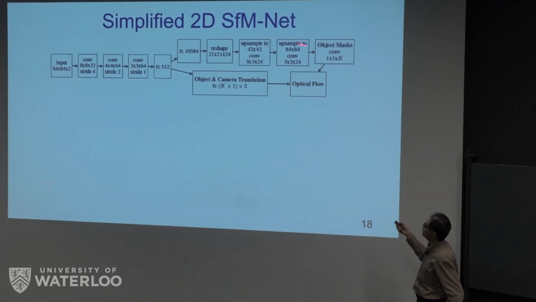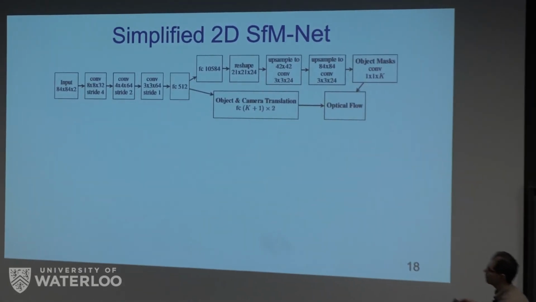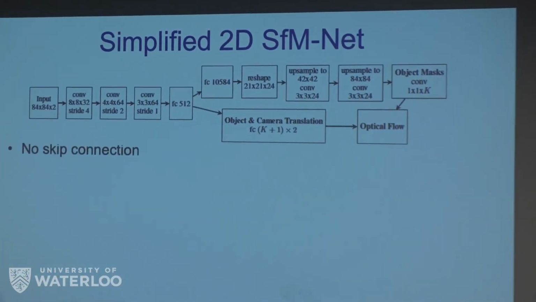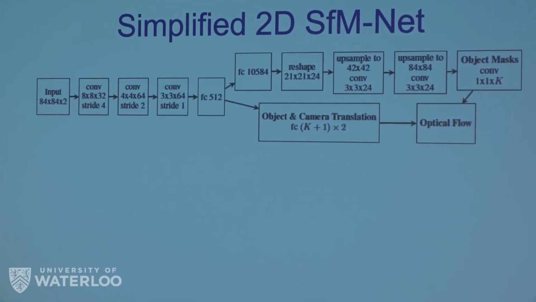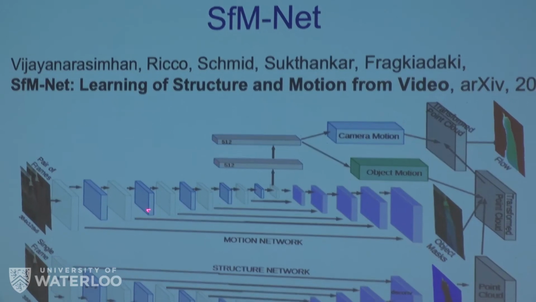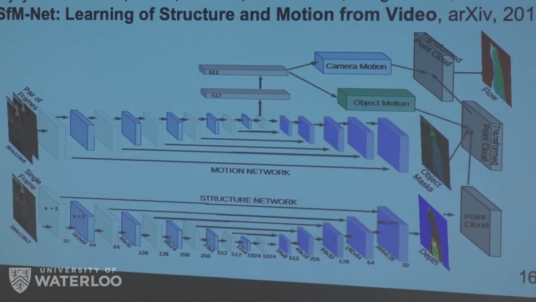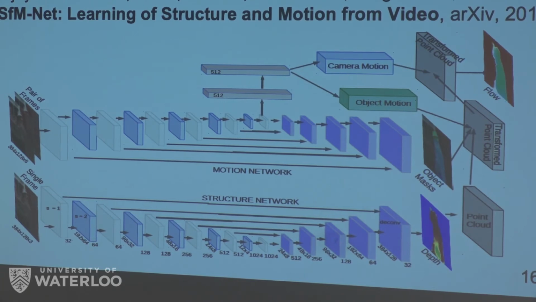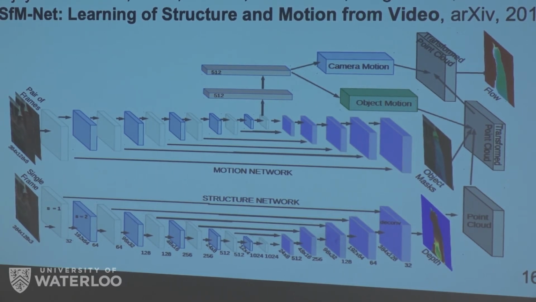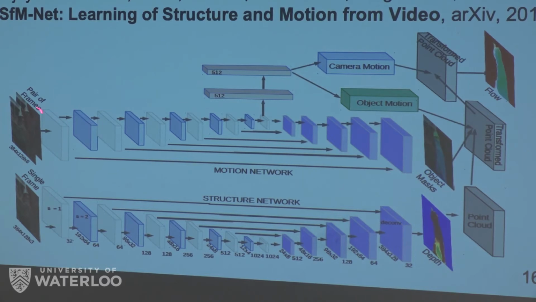Otherwise, the network is very similar, but we did do some additional modifications. First, we removed all of the skip connections. This network has a bunch of skip connections, and we did not want them because, as we'll see in a moment, we want to treat this embedding here as a compressed representation of all the information that came from the two frames.